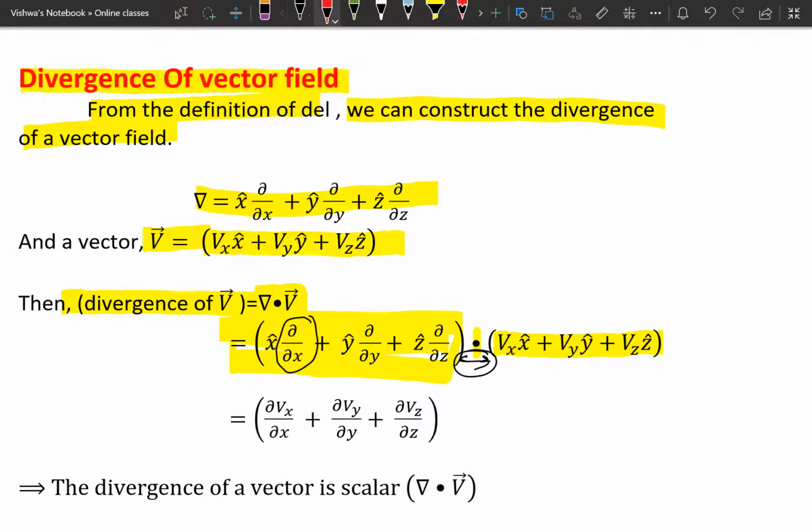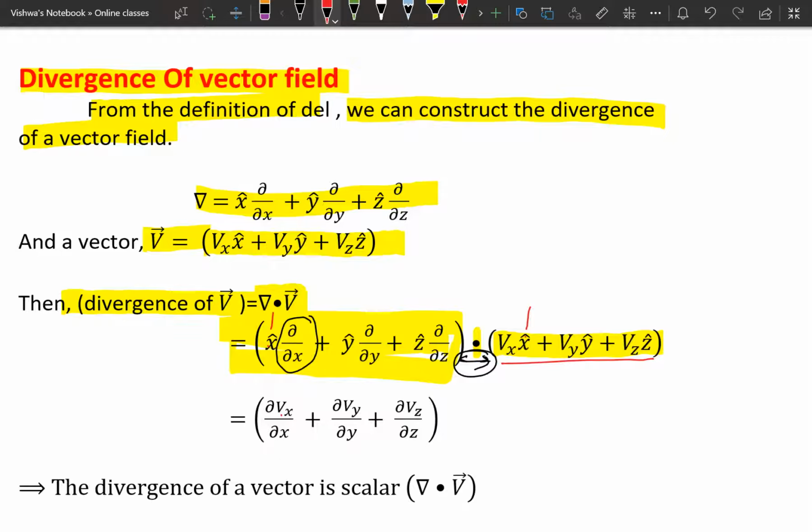But this is also a vector field. Here a unit vector x, and here also unit vector x. For that this can be written as Vx and x cap, the unit vector dot product. For that it is 1. For the remaining multiplications it is 0, that is x dot y, x dot z equal to 0.